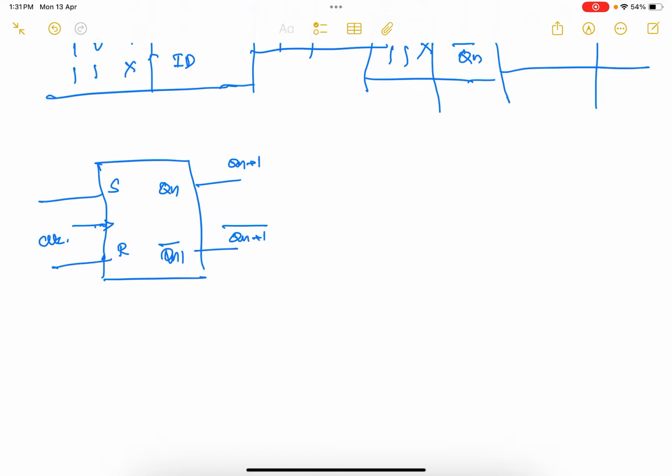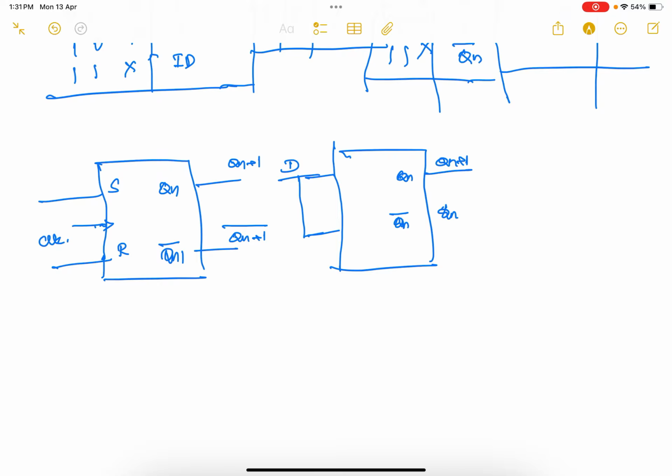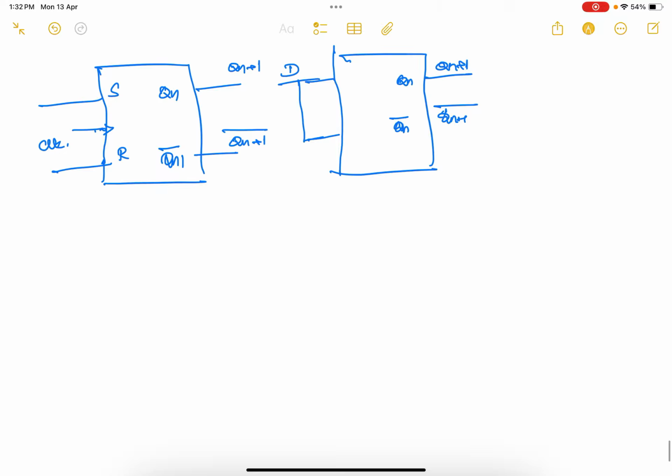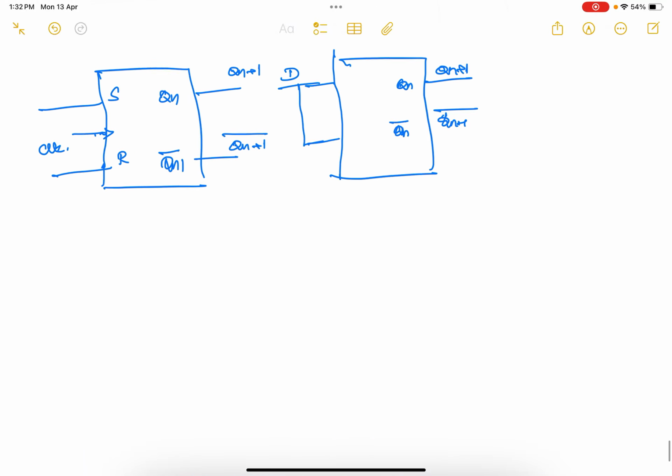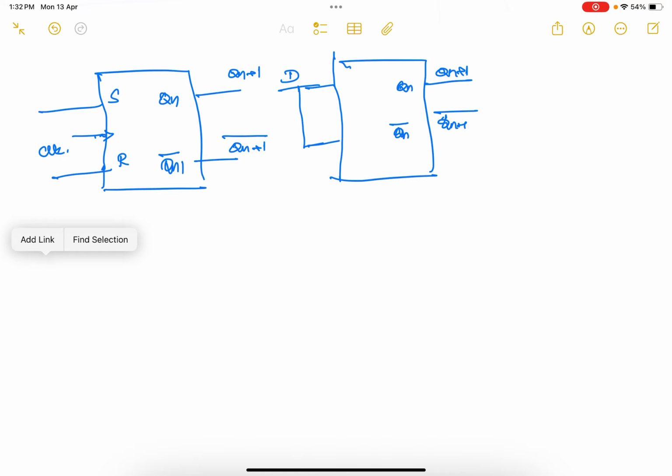Next we are doing the same thing, now connecting both the inputs and giving one input as D, with Qn, Qn bar, Qn plus 1 and Qn plus 1 bar as outputs. And in the JK, internally it will differ, that is the feedback of your first should be given to the next, in that way cross-coupled feedback will be given.